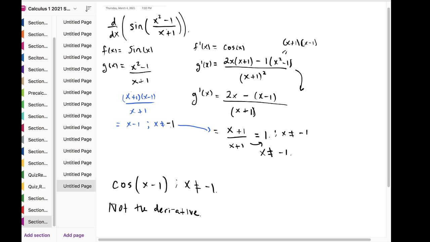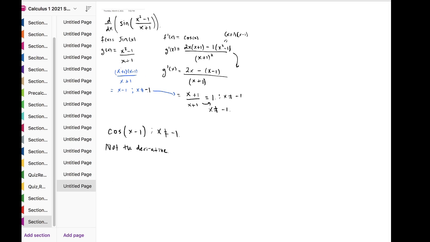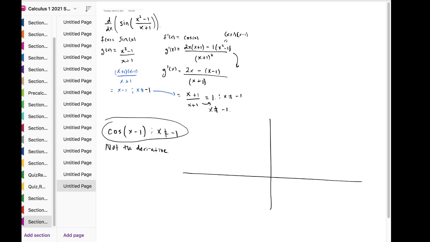So if you were to graph this, we know actually what this looks like. Anyone know how to graph cosine of x minus 1? Remember how to graph that? Yeah, good.